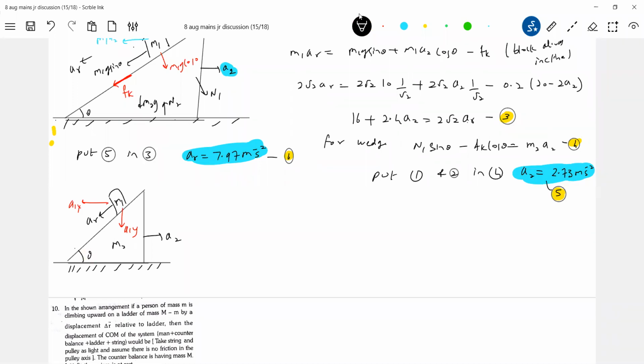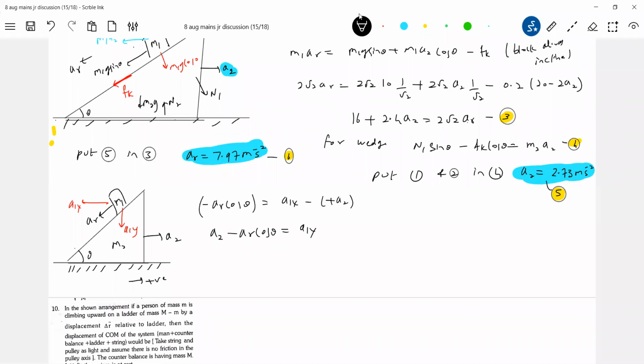Go back to the basics again. AR cos theta, towards left, anything towards right is positive. AR cos theta will be towards left, should be equal to A1x. I don't know, the unknown things I'll leave it. Then plus A2. So what is A1x? This will be A2 minus AR cos theta equal to A1x.